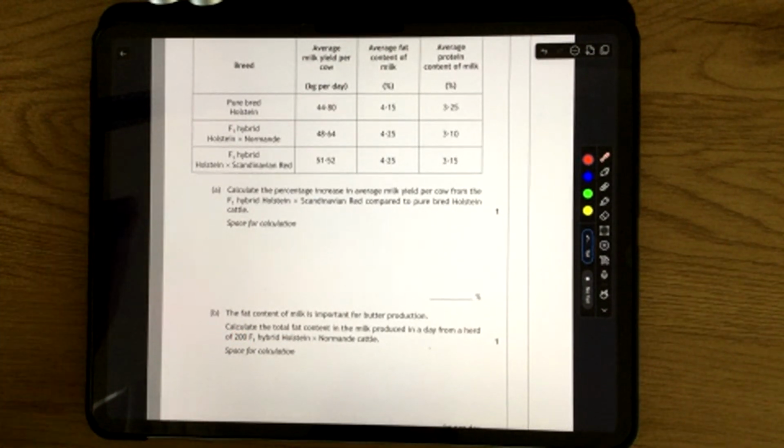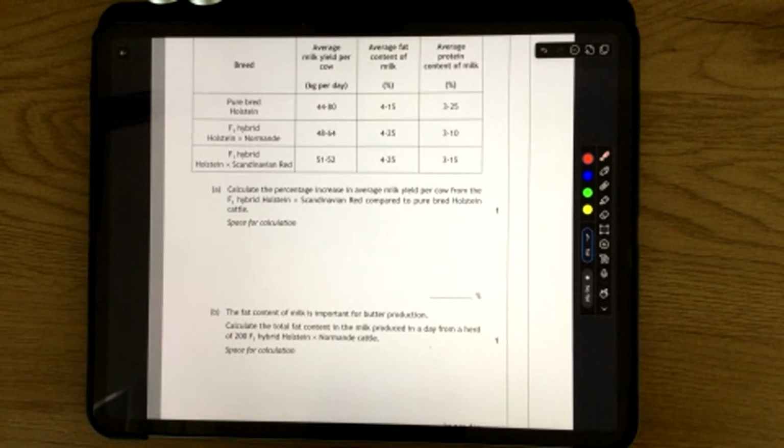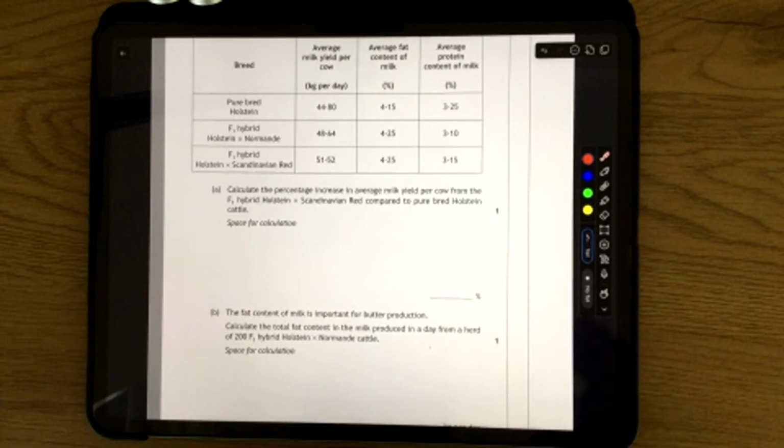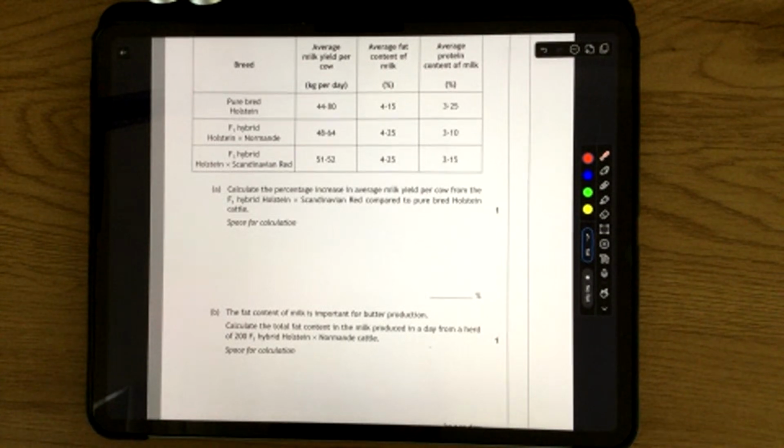So there's going to be an extra calculation right at the end of this, right? Which is once you work out the total fat count of 1 of these hybrid Holstein times Normandy cattle, you then have to times it by 200 to get the result.